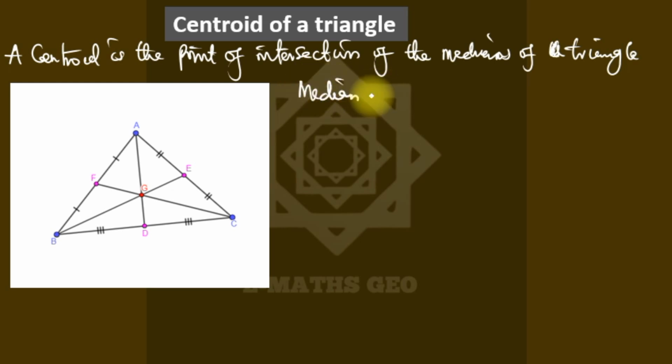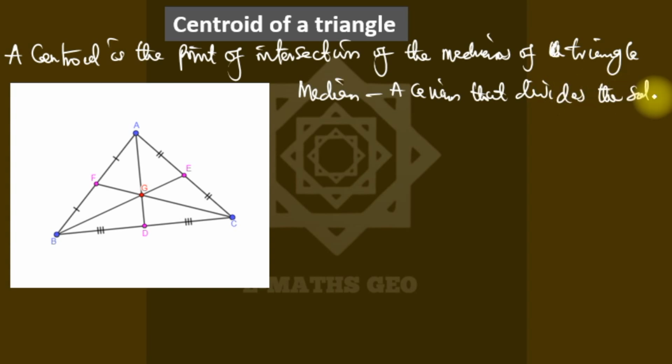A median is a Cevian that divides the sides of a triangle into two equal congruent parts.